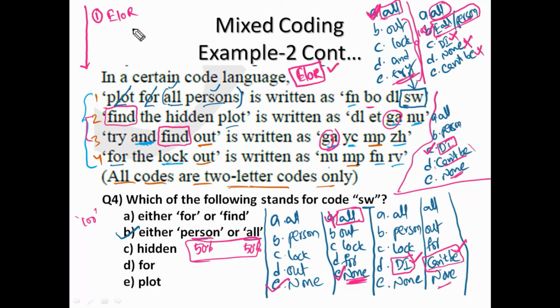Is that available in the options or not? Check that. If the either-or answer is not there in the options, then go for an option like data insufficient or data inadequate. If that is also not there, then go for an option like can't be determined. And if that is also not there, then go for none of these.